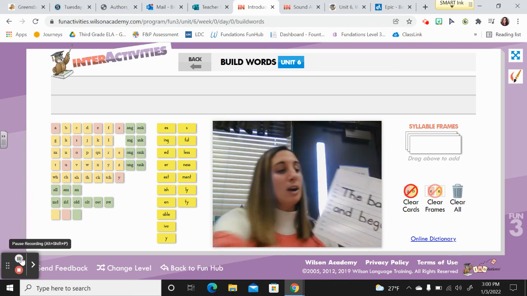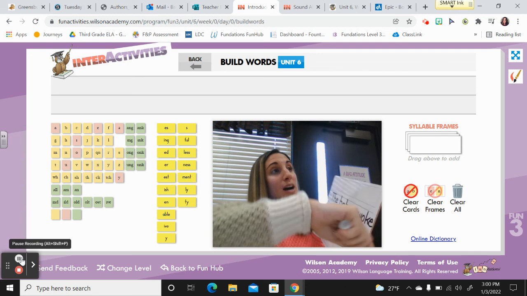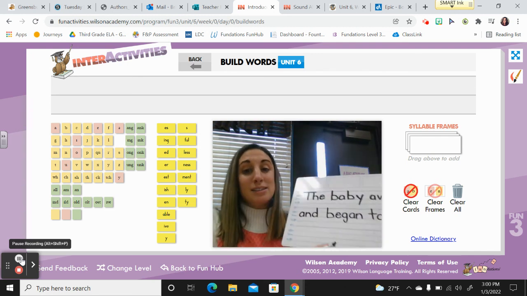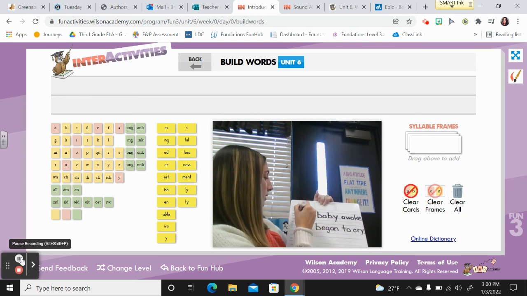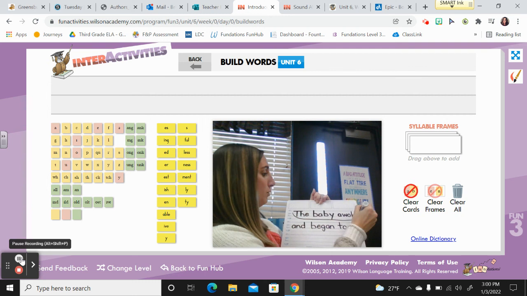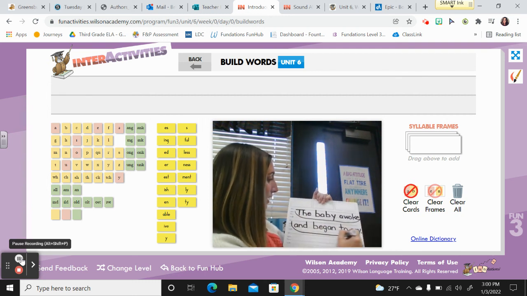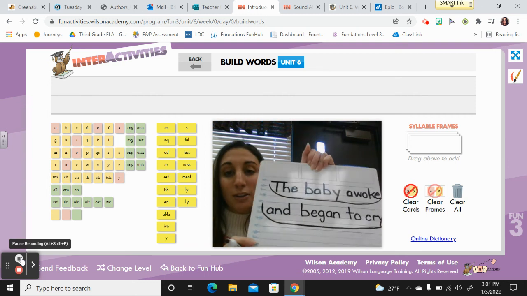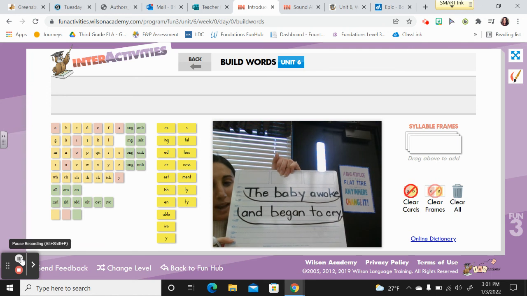All right, so now if we scoop it, I have read it multiple times now, and each time I feel like I read it the same way. I always say, the baby awoke is one phrase, and began to cry as a second phrase. There are, of course, other ways you could scoop that sentence, but that's personally my favorite way.